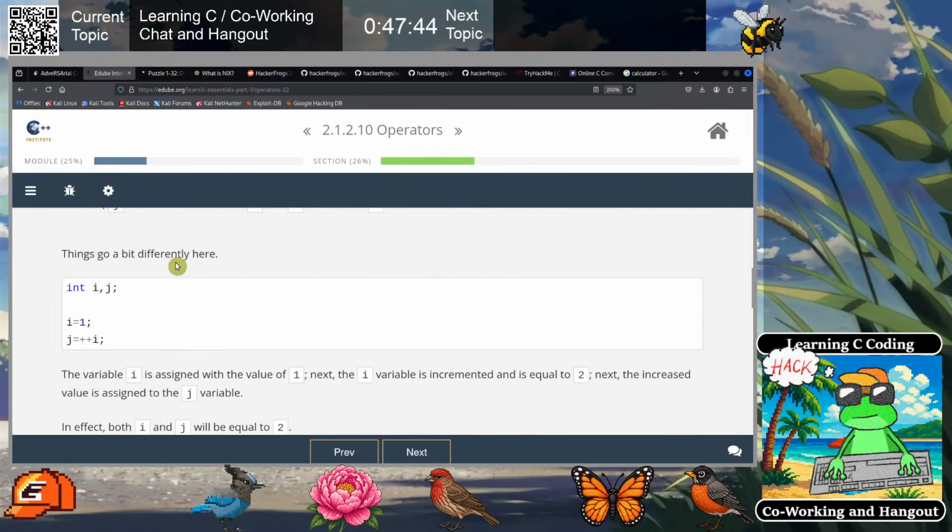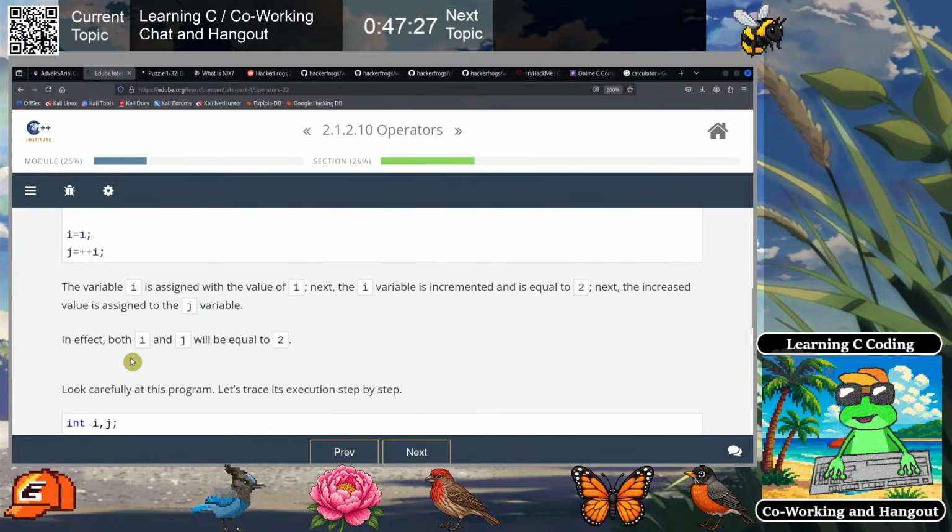Okay, things go a bit differently here. So i and j, i equals 1, j equals plus plus i. So j is 2, and i is also 2? Oh, interesting.